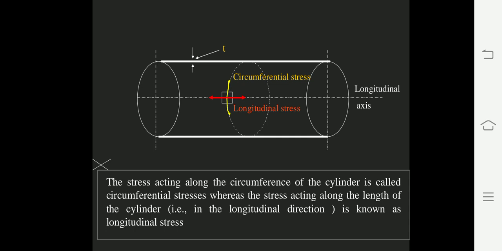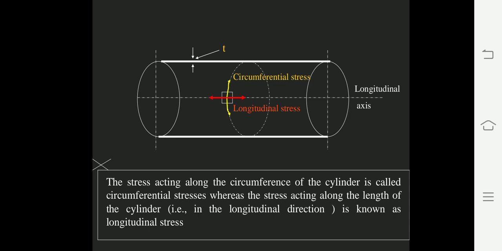Next, here I have shown the wireframe model of a cylinder. You see, clearly I have shown circumferential stress, longitudinal stress and wall thickness. If this wall thickness is smaller than the internal diameter, we can say this cylinder is a thin cylinder.